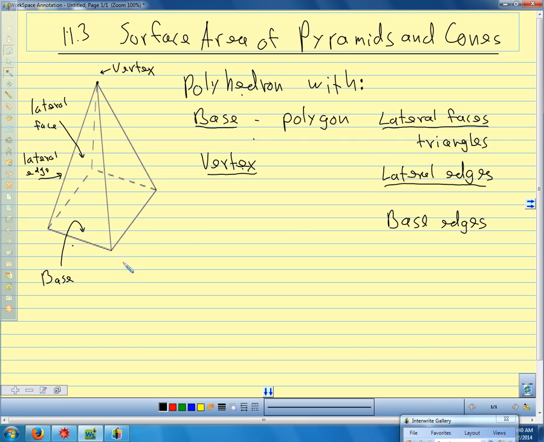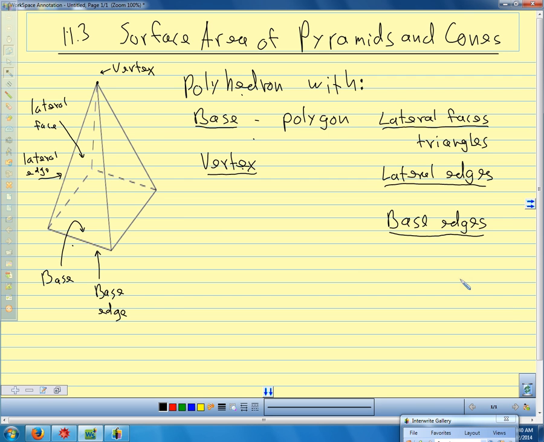So the base edges are where the lateral faces meet the base. There's listing all of our different pieces. So those are kind of the parts of the outside.